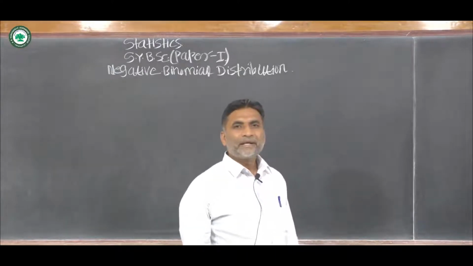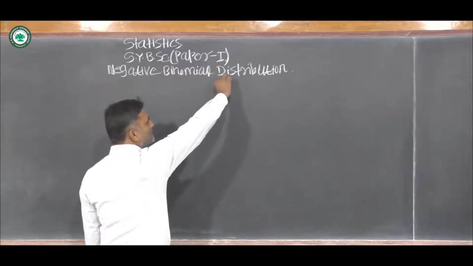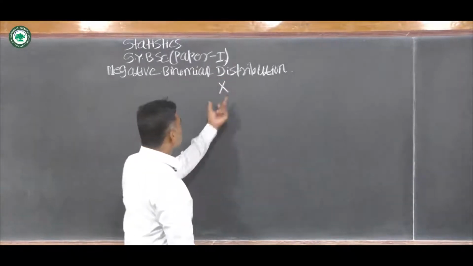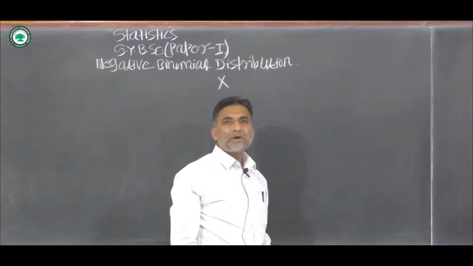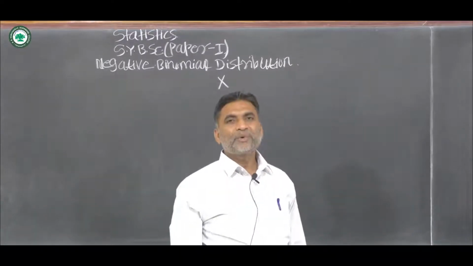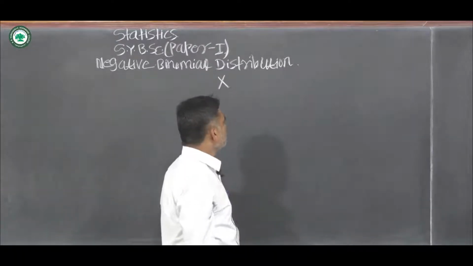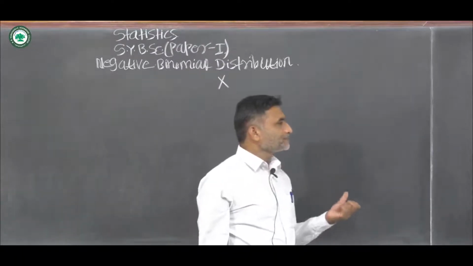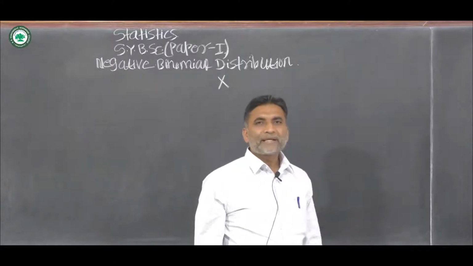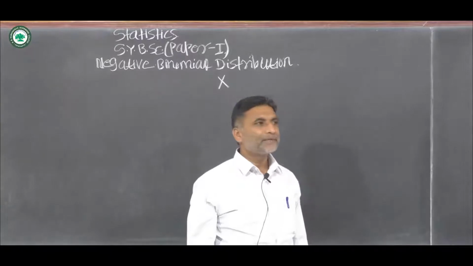The random variable X is the number of failures before getting the kth success.